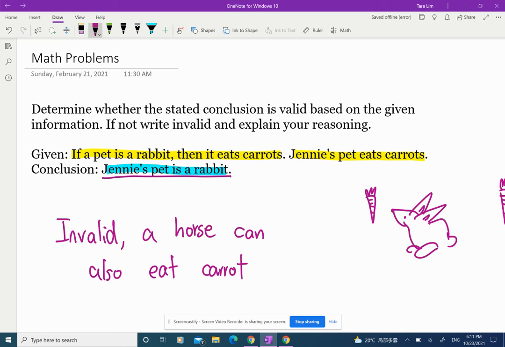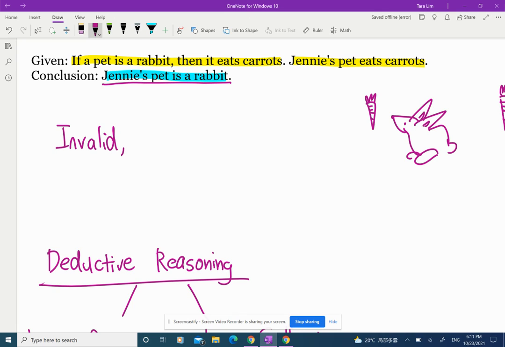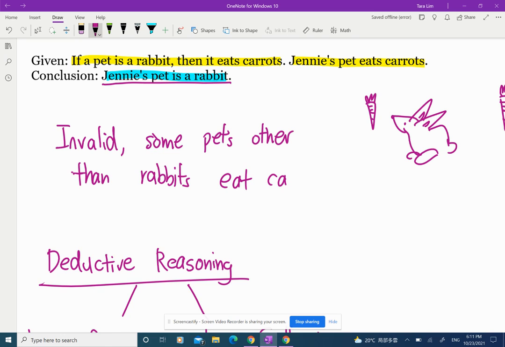We can use an example, or we can just write it is invalid because some pets other than rabbits eat carrots too.